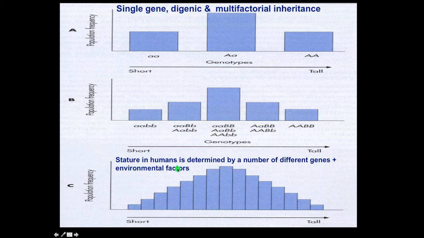For example, stature in humans is determined by a number of different genes and environmental factors, and if you look at stature from short to tall, you can see how the population frequency arrays itself almost on a normal distribution. This reflects the interactions of genes and environmental factors on a complex trait like stature.